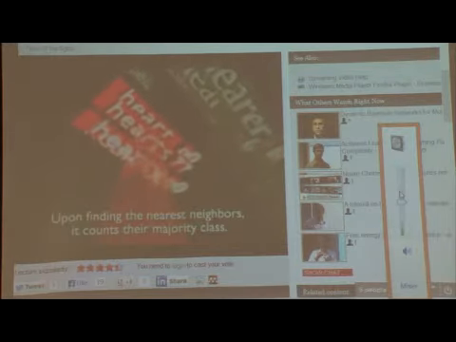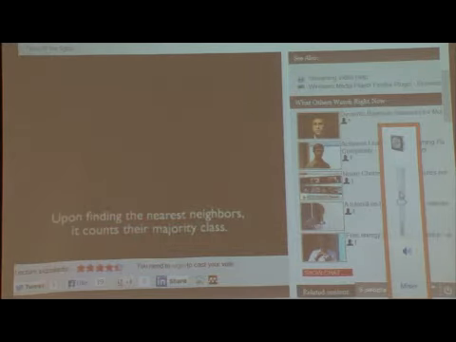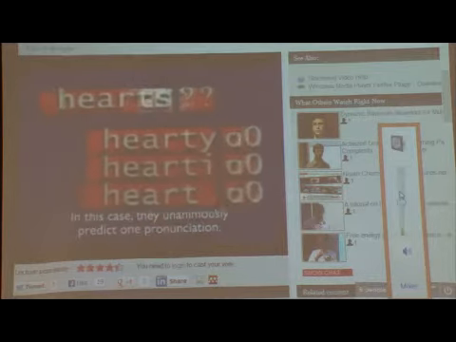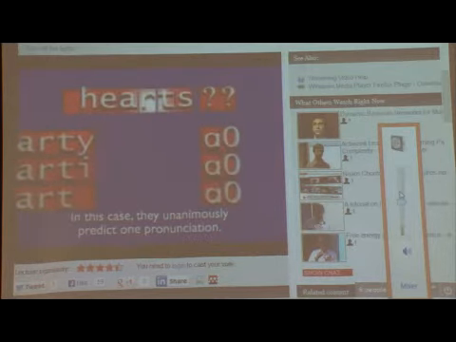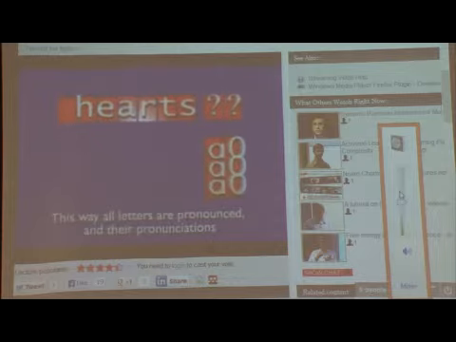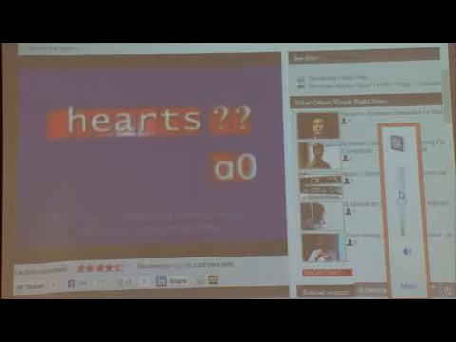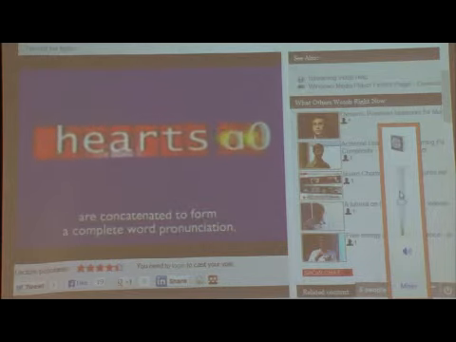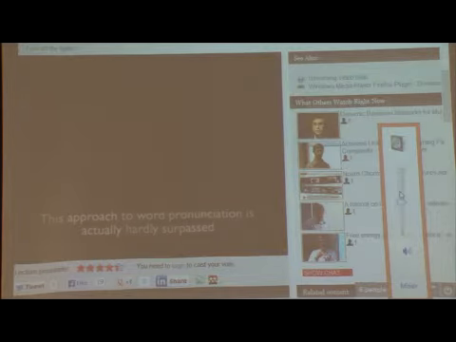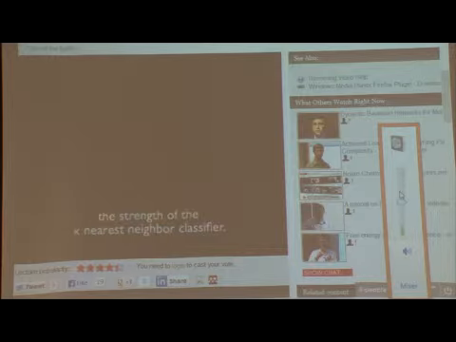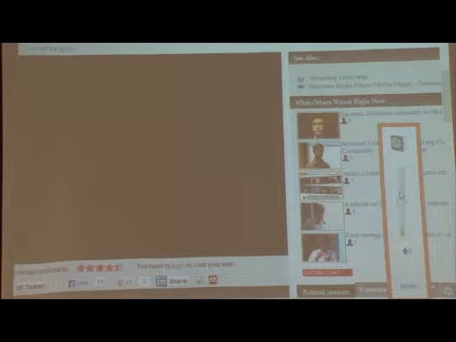Upon finding the nearest neighbors, it counts their majority class. In this case, they unanimously predict one pronunciation. Displaying all letters, their pronunciations are concatenated to form a complete word pronunciation. This approach to word pronunciation is actually hardly surpassed by any other method. It is a typical example of the simplicity and the strength of the k-nearest neighbor classifier.